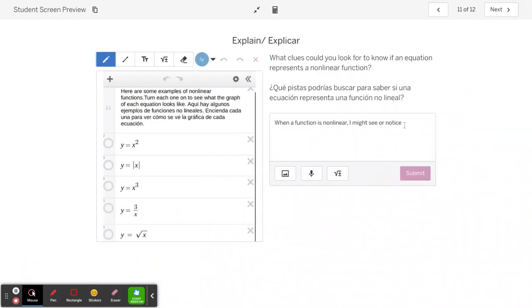When a function is nonlinear, I might see or notice, I'm going to talk about these two things first. Exponents, yep, that are greater than 1. So 2, 3, 4, 5, any of those would apply. This next one, remember what that's called? That's called absolute value. So exponents on the x that are greater than 1, absolute value of x.